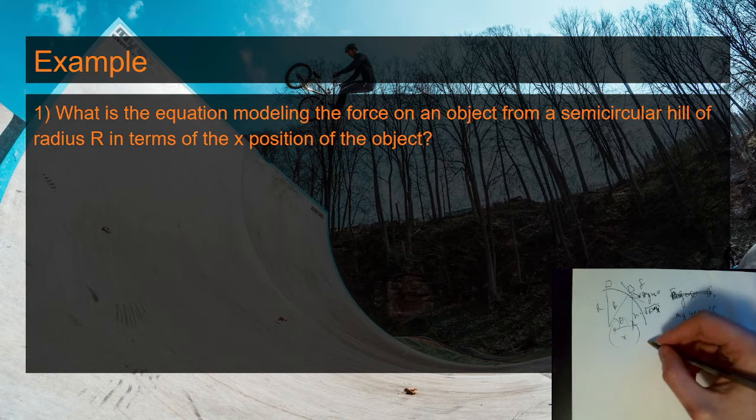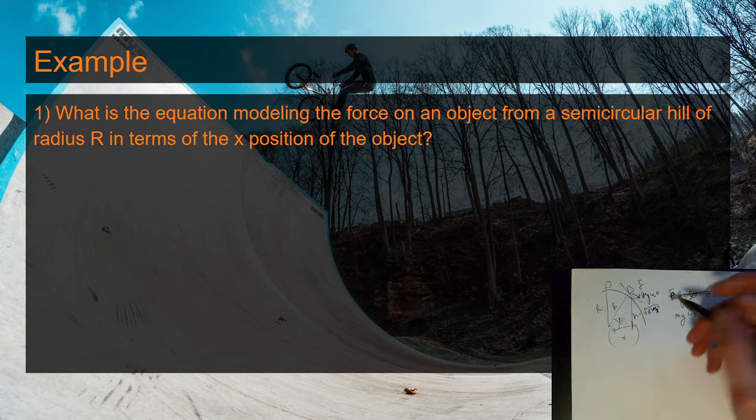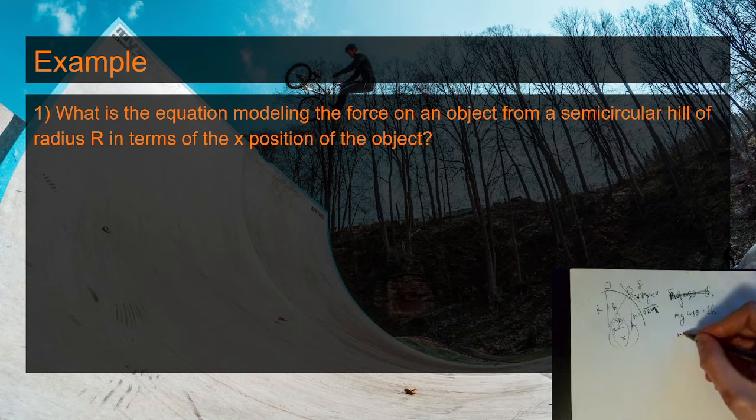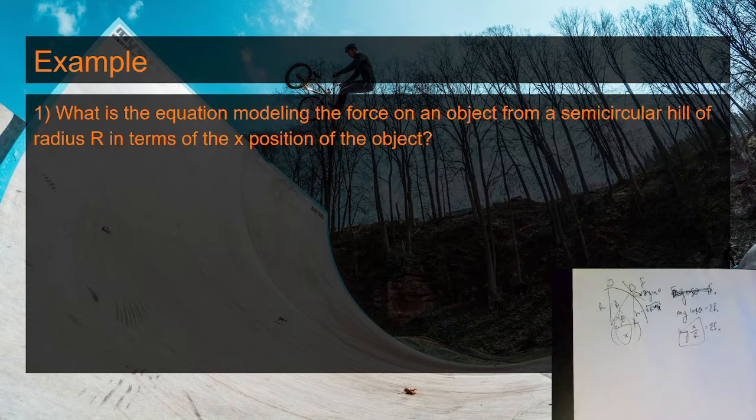And then we can say that our cosine of theta is equal to x over r. We can come over here and say mg x over r is equal to our net force in terms of x. So now we've got a function of force in terms of position.